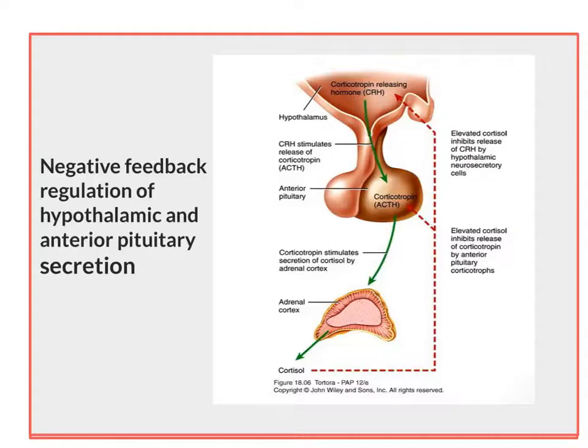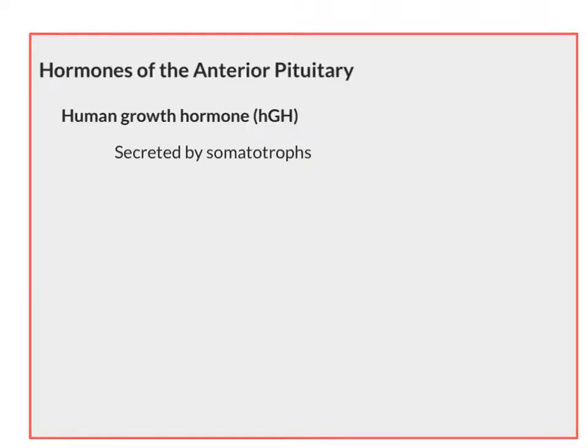Human growth hormone, abbreviated HGH, is secreted by the somatotrophs of the anterior pituitary. This hormone is the most plentiful hormone produced by the anterior pituitary. The main function of this hormone is to promote the synthesis and secretion of small protein hormones called insulin-like growth factors, or IGFs.